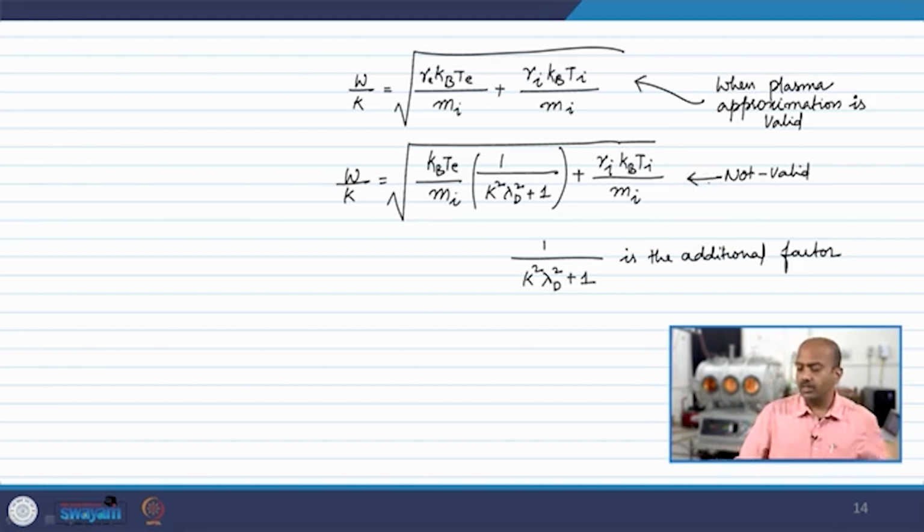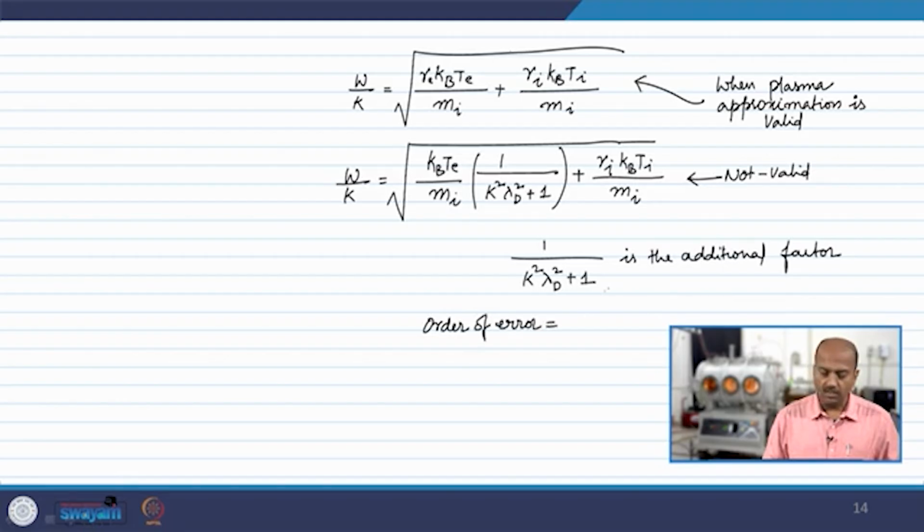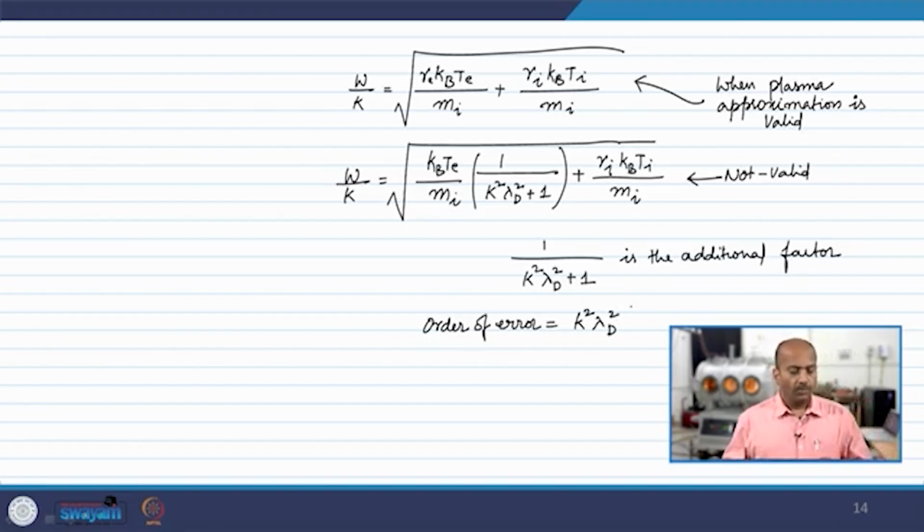This is the additional factor which has come into existence just by treating the number of ions not equal to the number of electrons. Right. The order of error, how much it is changing with respect to the actual value, is of the order of k square lambda_D square. So, we can simply say that the error introduced is because of not following the plasma approximation.